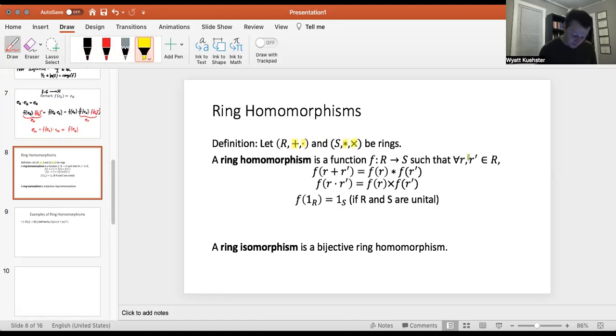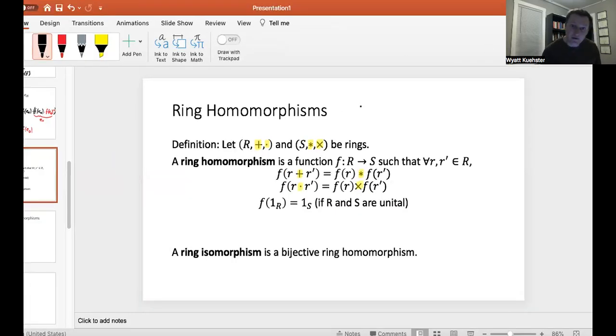And a ring homomorphism should be a function which respects both of them. So it takes the addition in R to the addition in S, and it takes the multiplication in R to the multiplication in S. And then there's one extra property. By the remark, remember that under plus and star, R and S were abelian groups, so they have an identity.